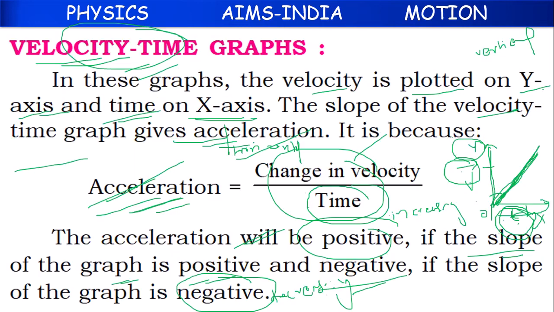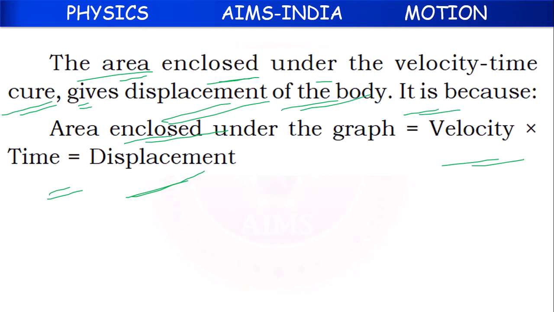The slope of the graph will give the acceleration, but the area enclosed by the graph gives the displacement of the body. Area means we have to multiply the measurement of y with the measurement of x, so indirectly, the measurement of velocity with the measurement of time interval. If you multiply like that, we will get displacement.